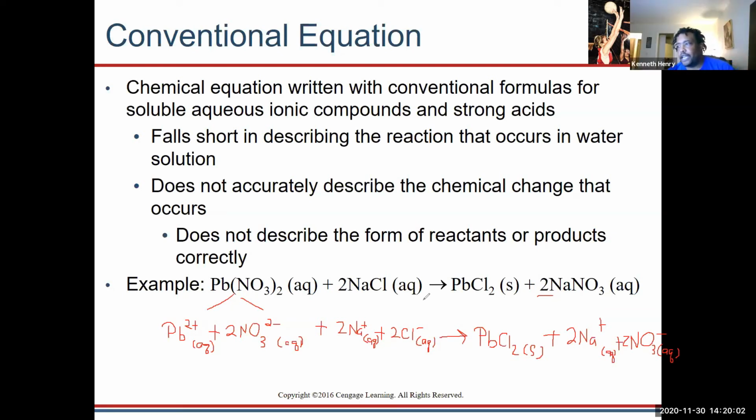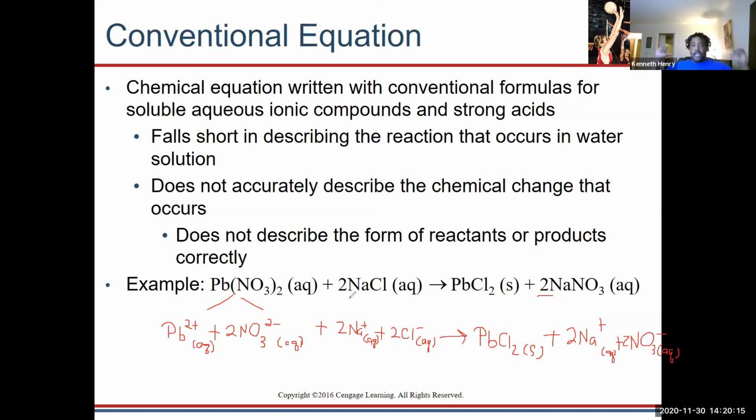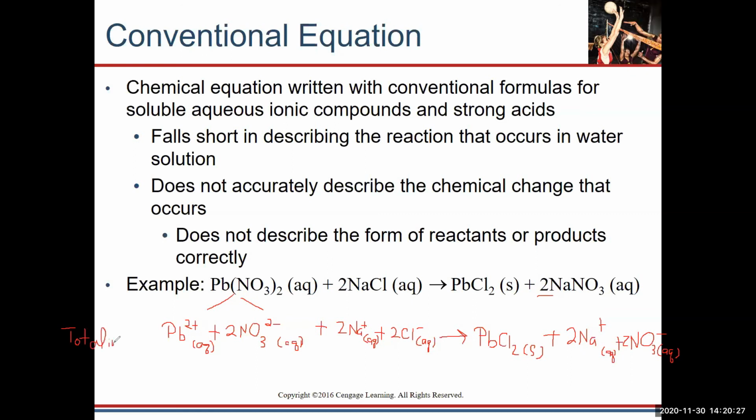Just like over here, it told us that we had 2 sodium chlorides. Okay, piece of cake? Yes. Okay, good. So now this here is called our total ionic equation. What we just did.